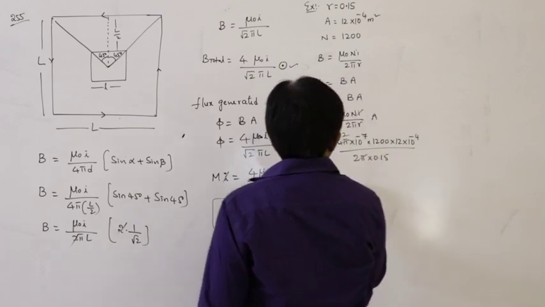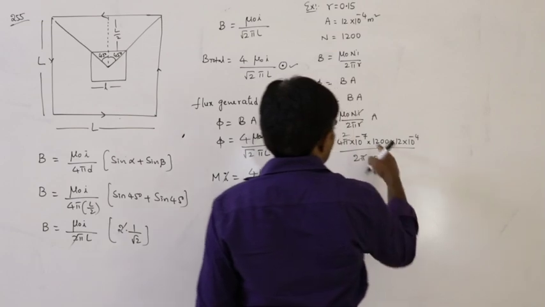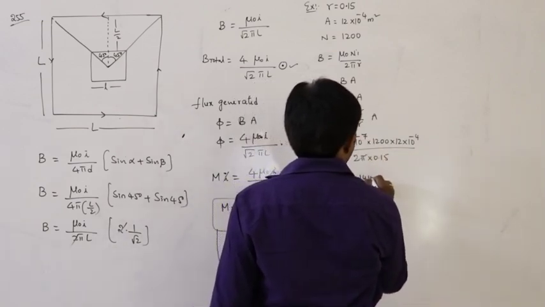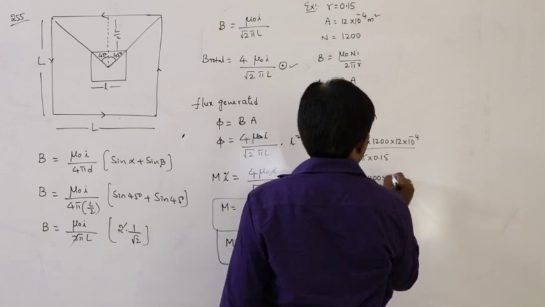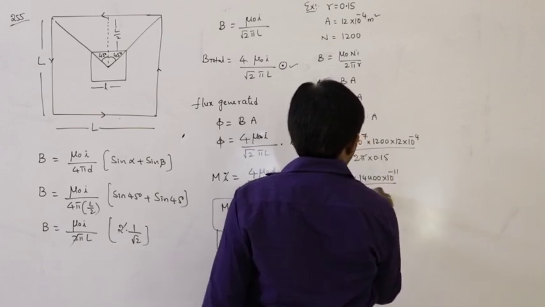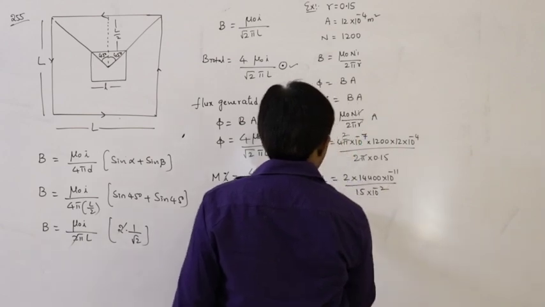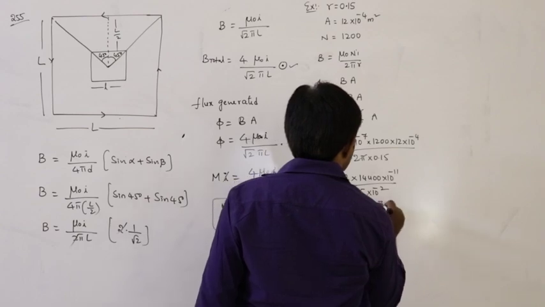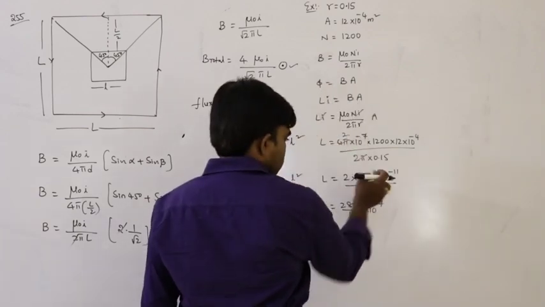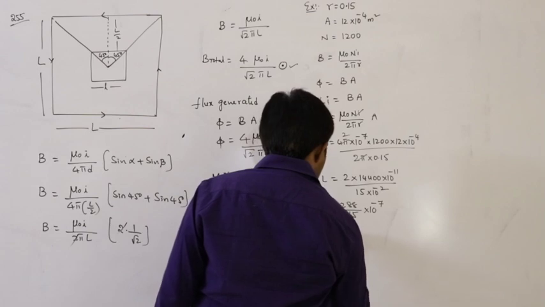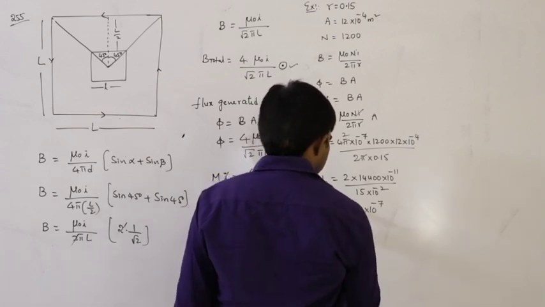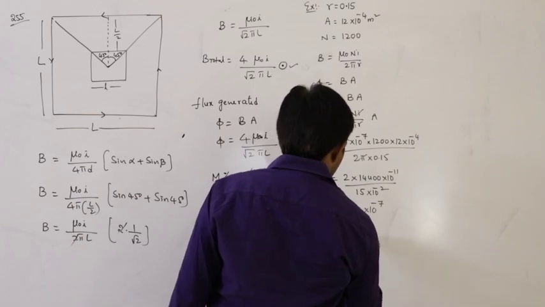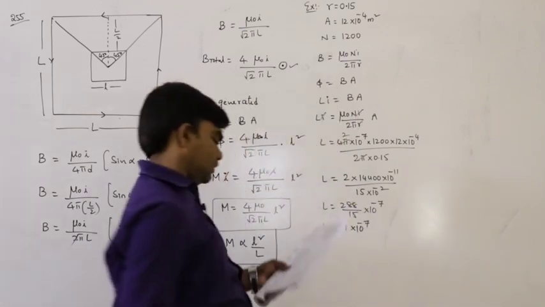So L is equal to 2 into 14400 into 10 to the power of minus 11 divided by 15 into 10 to the power of minus 2, that is 288 by 15 into 10 to the power of minus 7. Therefore L is approximately 19 into 10 to the power of minus 7 Henry.